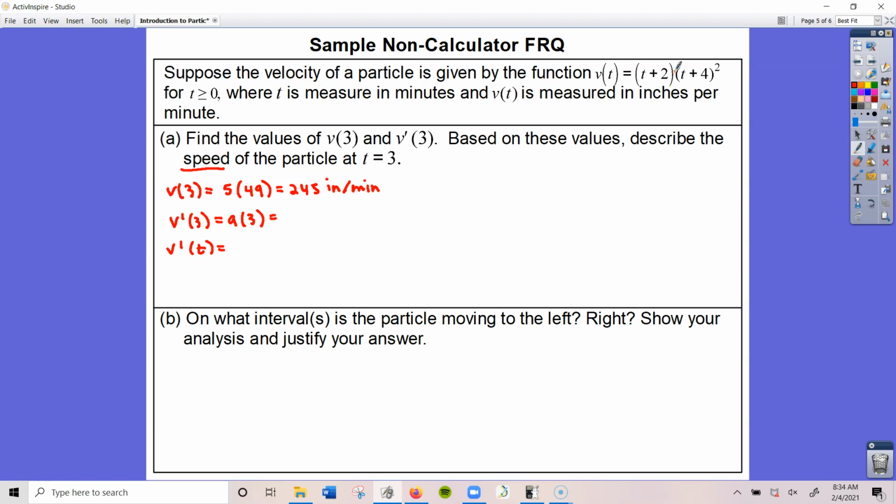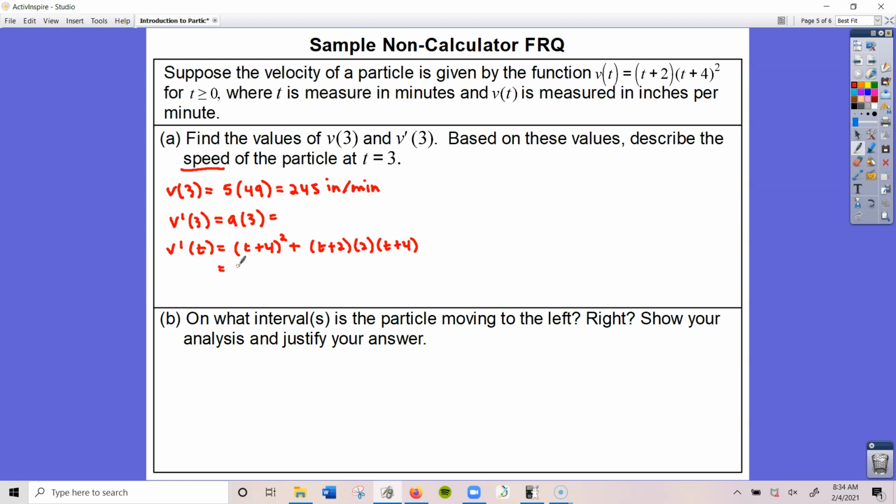The derivative of t plus 2 is just 1, so t plus 4 squared, plus, now we leave t plus 2 alone, and we get the derivative of t plus 4 squared, so times 2 times t plus 4 times the derivative of the inside, which is just 1.